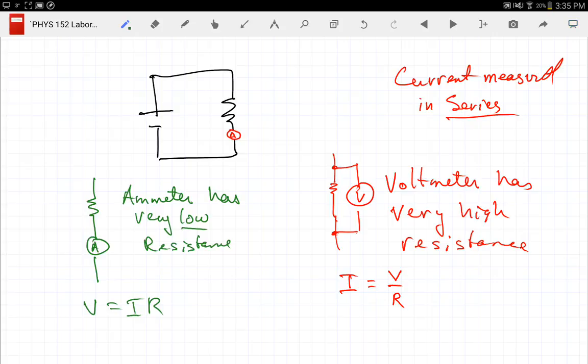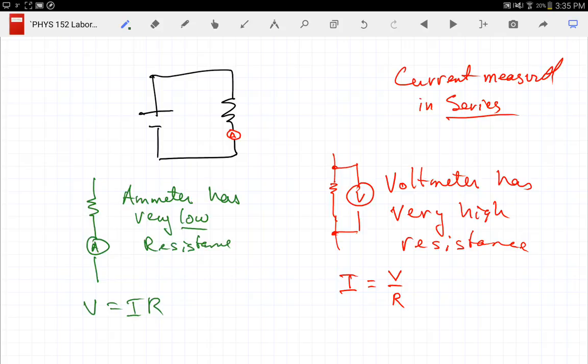Now it's because the ammeter has that low resistance that we have to be careful with ammeters. If you do something like take your current probe and connect it to the power socket here, you essentially are putting no resistance between a high voltage. We call that no resistance a short.